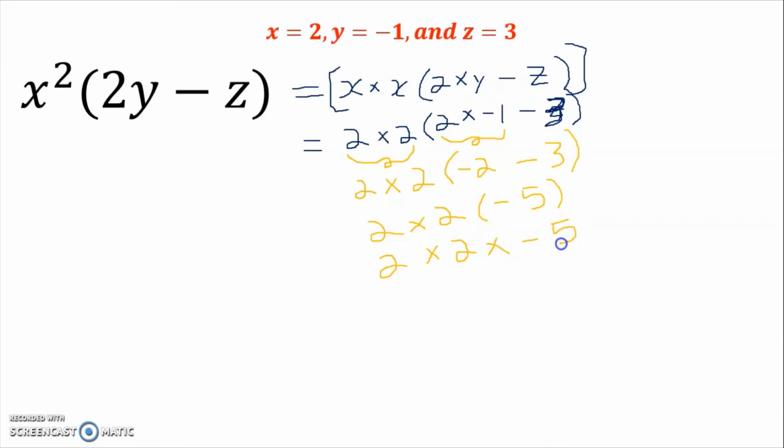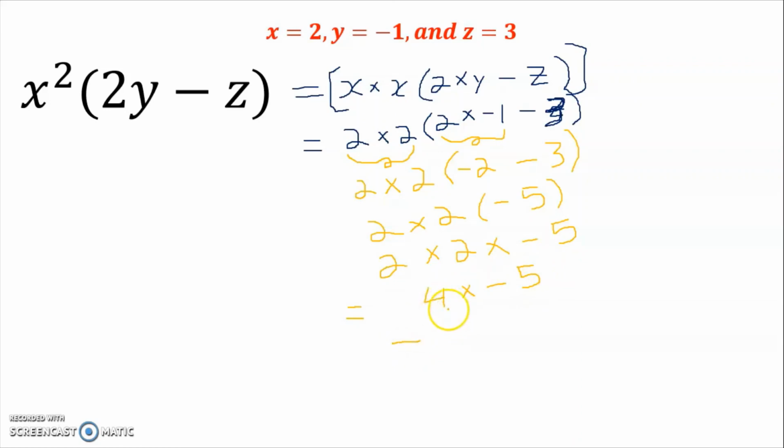So now we can go ahead and simplify to get the answer. 2 2s are 4. Then we multiply the 4 by -5. So therefore we have positive 4 times -5, and a positive times a negative would always give us a negative as our answer.